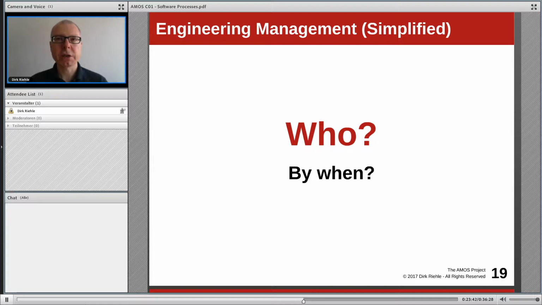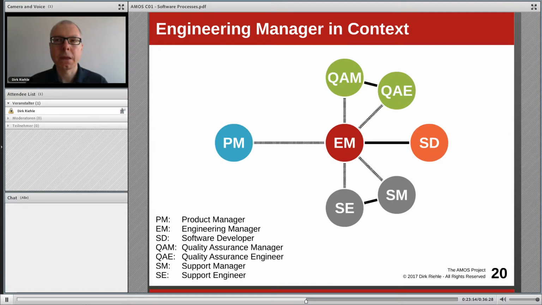So an engineering manager is primarily tasked with breaking down tasks and allocating resources to tasks. The resources means software developers. And an engineering manager also has to be a communicative person, because they talk to the product manager on the one side to understand requirements, release plans, roadmaps, and to the software developers on the other hand.